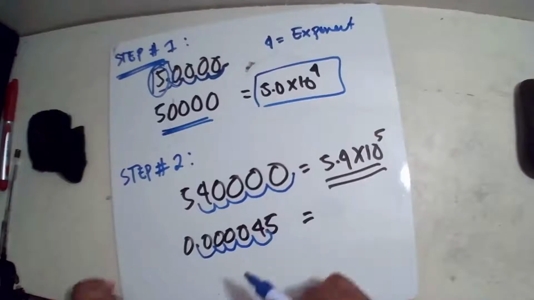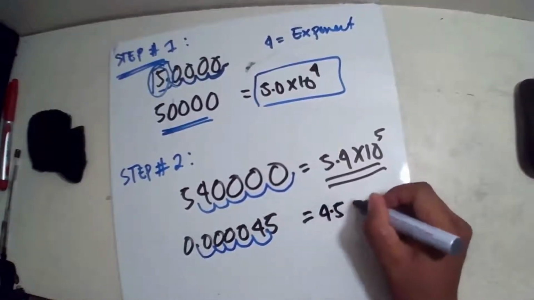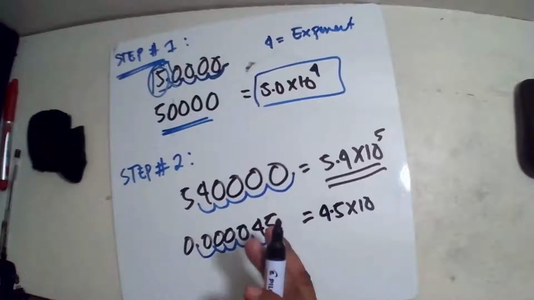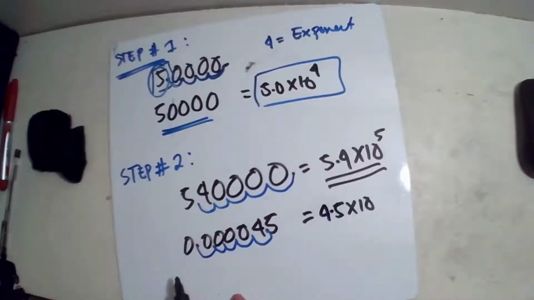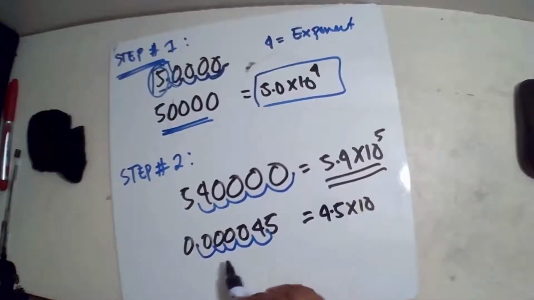And I'm going to stop here. So this becomes 4.5 times 10. In this case, since this decimal point is located here at the left side of the first non-zero digit, and we move it here, this becomes the negative here. How many movements?